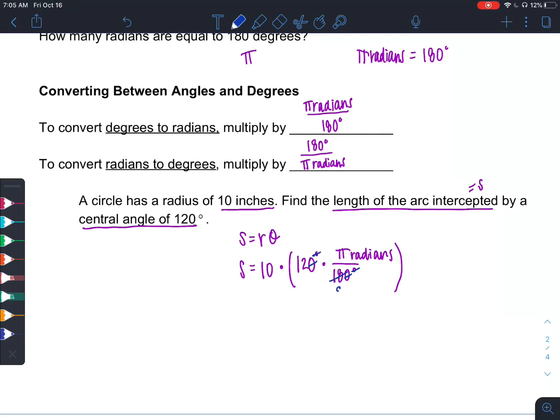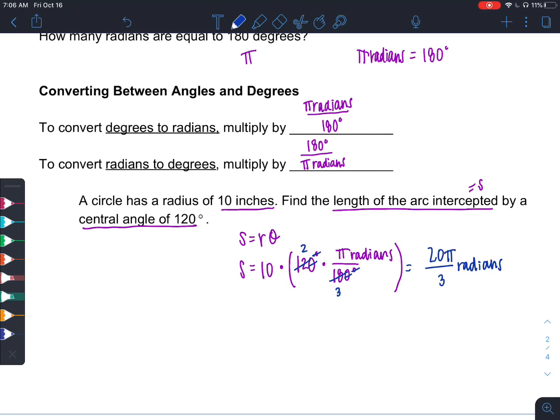Let's divide by 6, so dividing 12 and 18 by 6, and I get 20 pi over 3 radians as our answer.